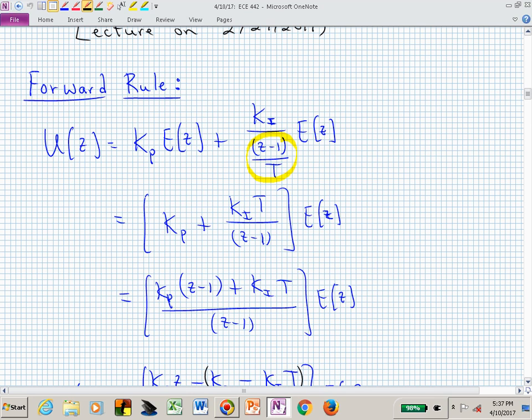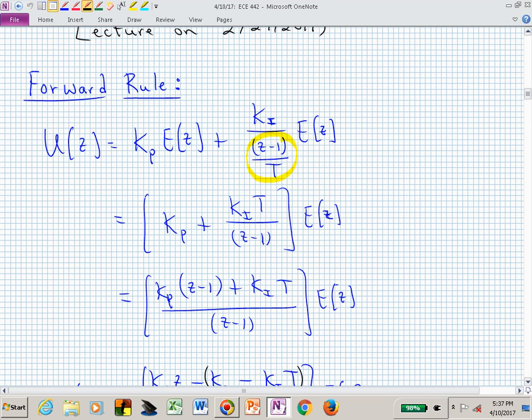Are we comfortable with that very first line? All we're doing is substituting Z minus 1 over T for S to see what falls out in terms of this relationship between the error E and the input U of our system. So that once we find that, that will give us our transfer function of a PI controller.